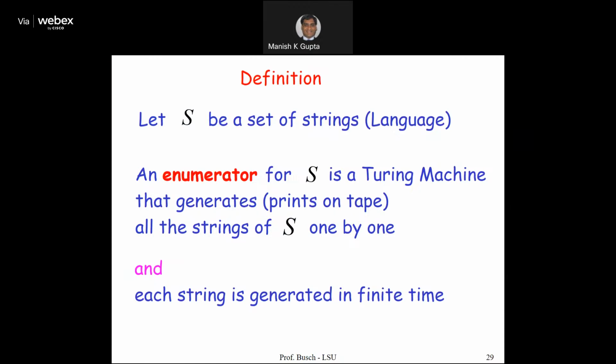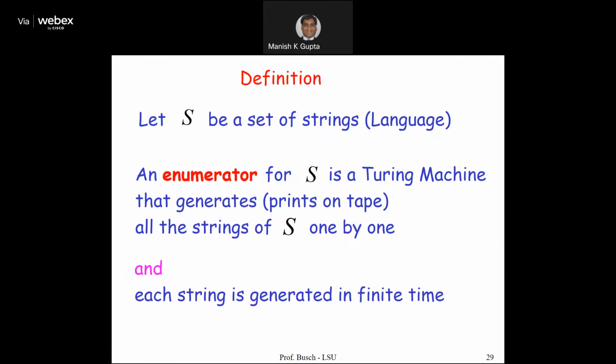If S is a set of strings or a language, an enumerator for S is a Turing machine that generates on the tape all the strings of S one by one. If there is an infinite language, how will you count it? You can go by the length of the string as a mapping to the natural numbers. Length 0 is the empty string.